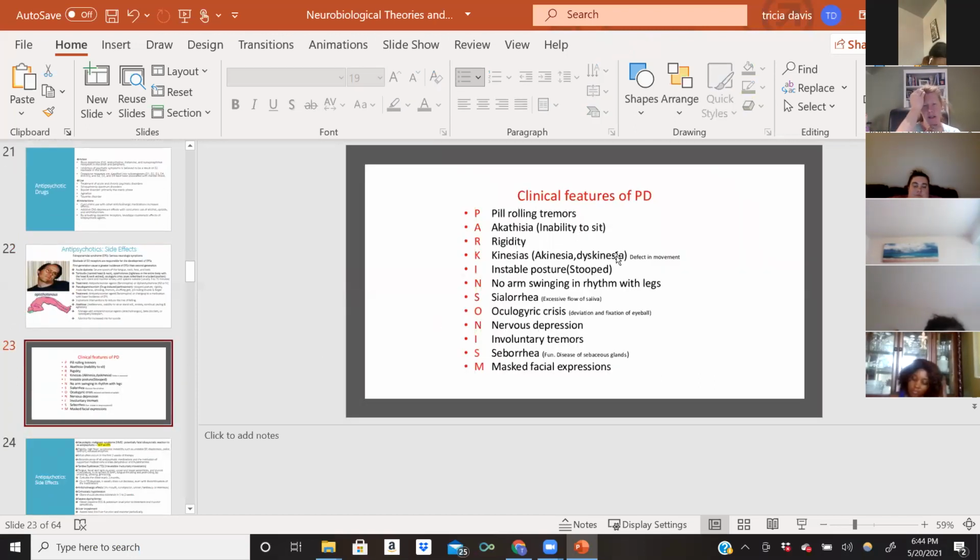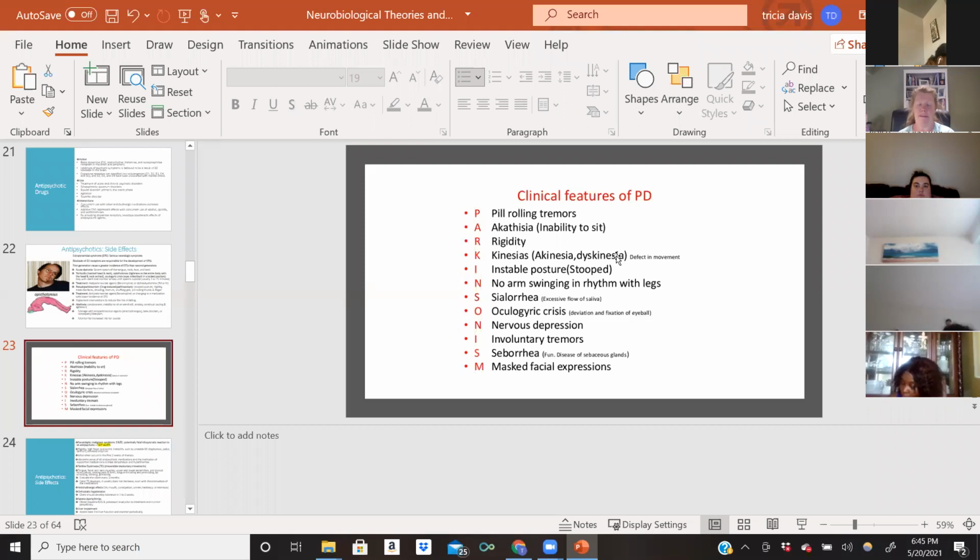So this is kind of just like a little mnemonic, the clinical features of Parkinsonism. So pill rolling tremors, akathisia, which is the inability to sit, rigidity, akinesia, which is a defect in movement, unstable posture, so they're going to be stooped over, no arm swinging in rhythm with legs, excessive flow of saliva, sialorrhea, oculogyric crisis, that is a mouthful.